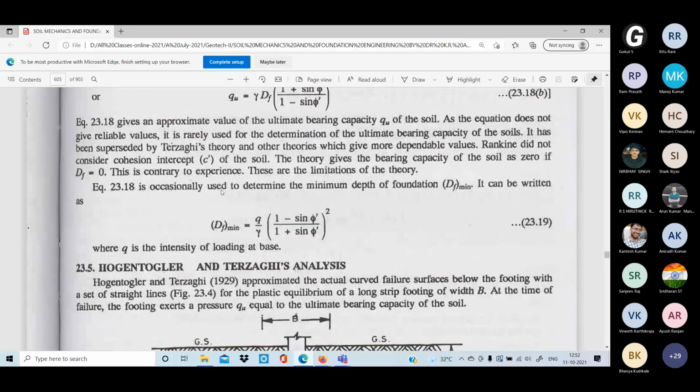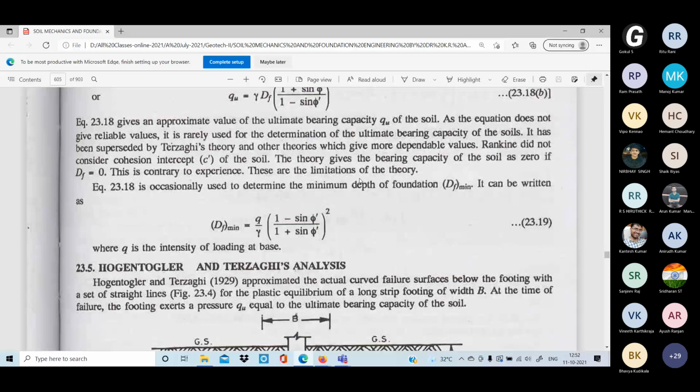It is occasionally used to determine the minimum depth of the foundation. So in the exam they will give the load intensity and the unit weight. Load intensity we know, unit weight we know, the soil phi values, and they will ask what is the minimum depth of the foundation required by using Rankine's method.